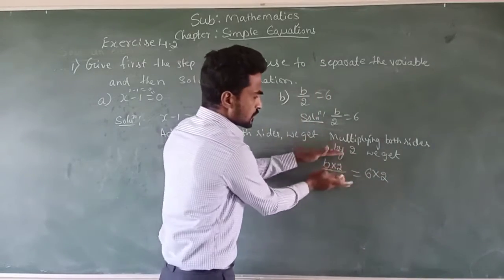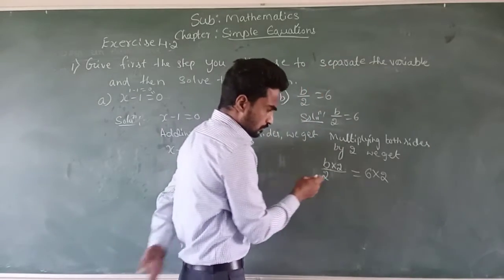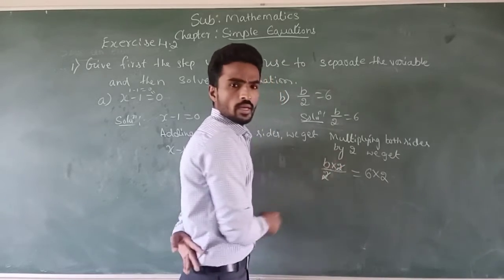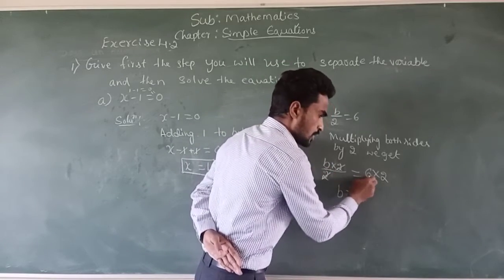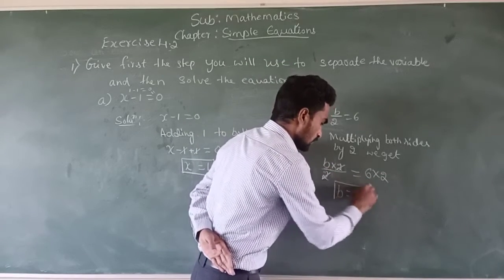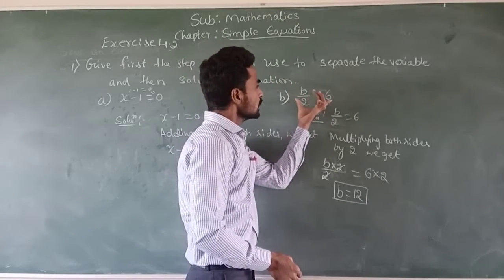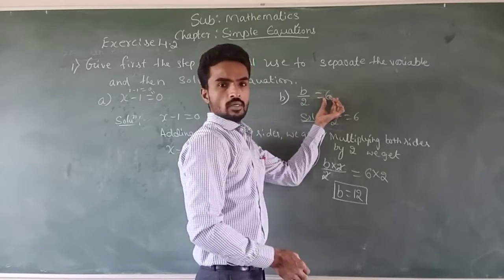This is the first step for separating the variable. Here denominator having 2, numerator having 2, both will be cancelled out. 2 divided by 2 that is equal to 1. Then b is equal to 6 twos are 12. Then b is equal to 12 is the solution of the given equation b by 2 that is equal to 6.